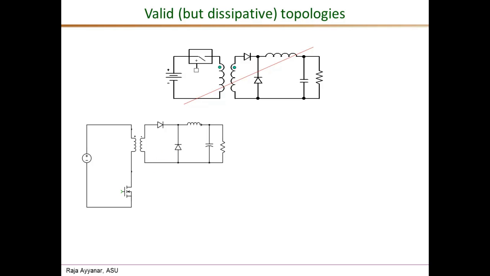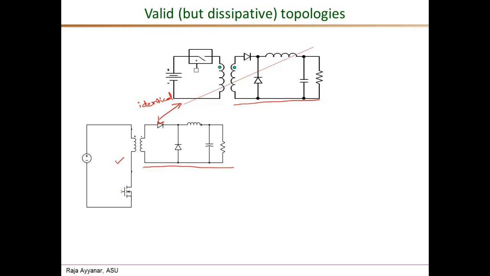First of all, notice that the circuit drawn here is identical to the one at the top. Especially if you look at the secondary side, it is exactly the same on both the figures. On the primary side also, they are identical, except that here it is redrawn in a slightly different way.